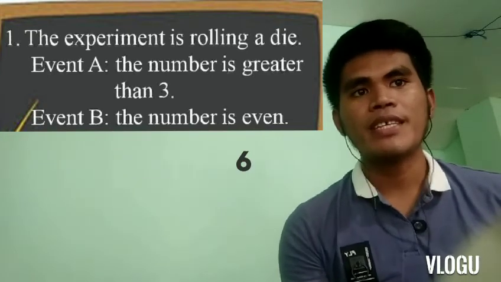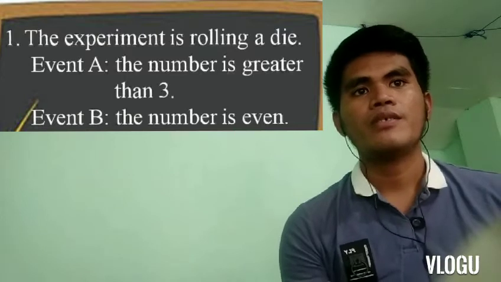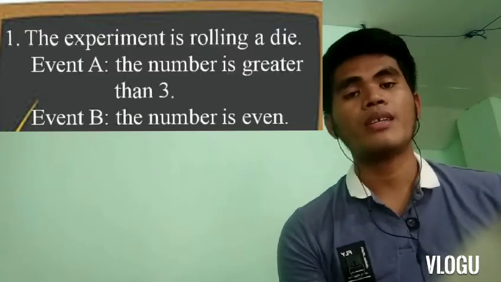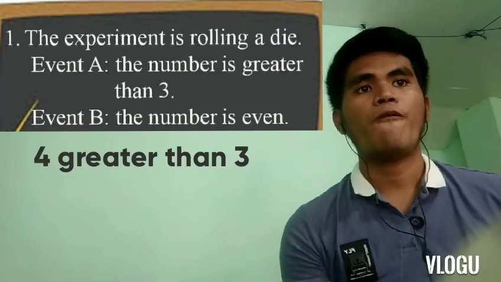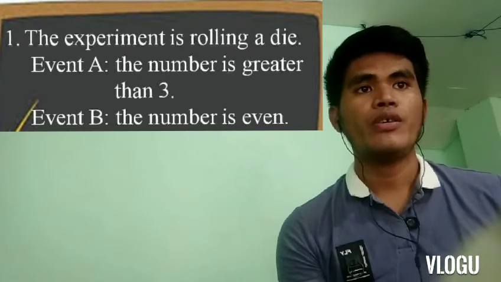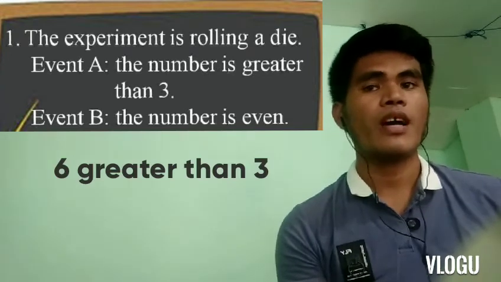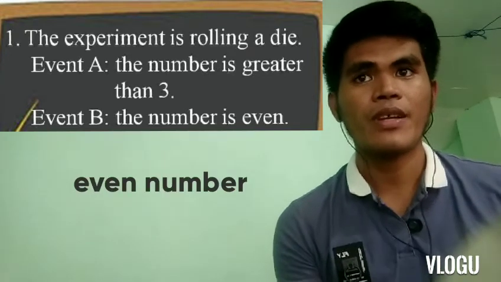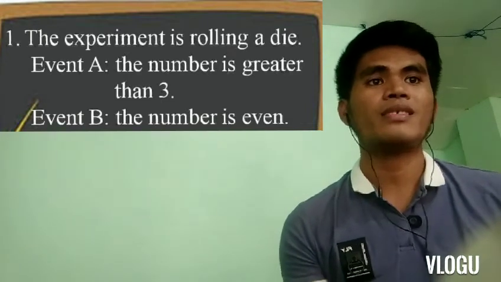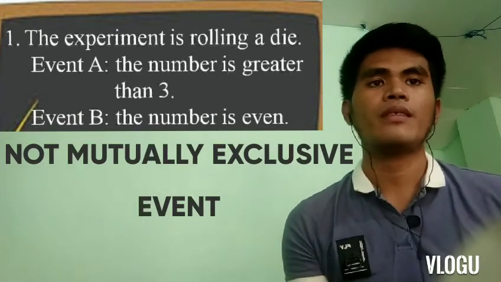Since 4 and 6 are even, it means both events can occur at the same time. 4 is greater than 3 and even, and 6 is greater than 3 and even. So this example is not a mutually exclusive event.